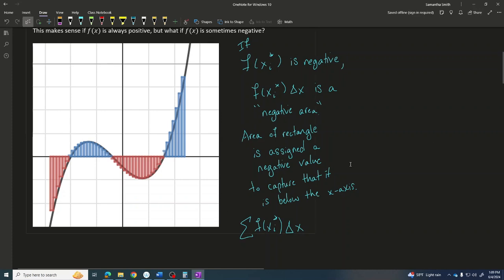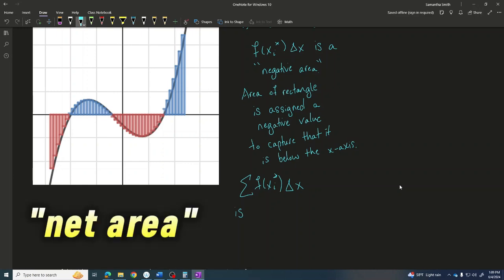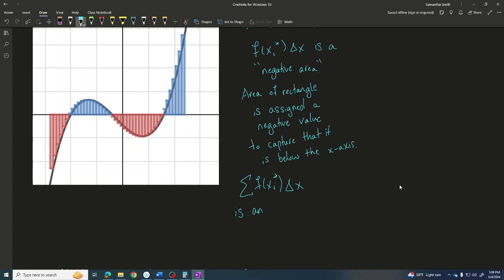And when you allow negative areas and positive areas to cancel each other out like that, the sum total is what we call the net area between the graph and x-axis.